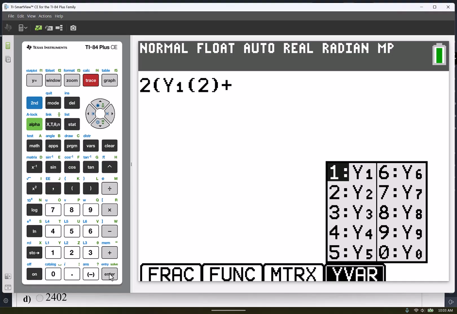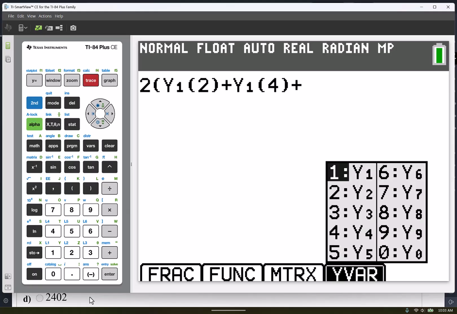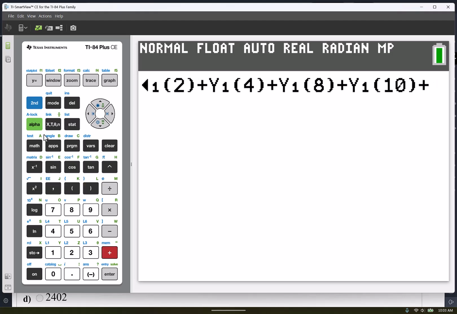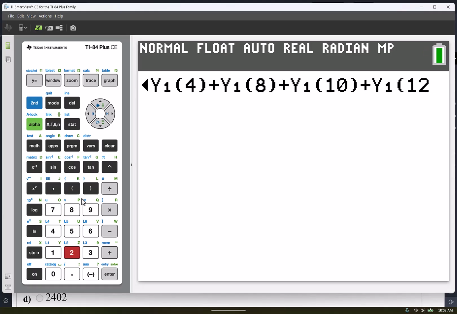You guys know what I'm talking about, right? You can actually even do a sum if you wanted to, but yeah. 2, 4, 6, 8, 10, and finally 12. Close.